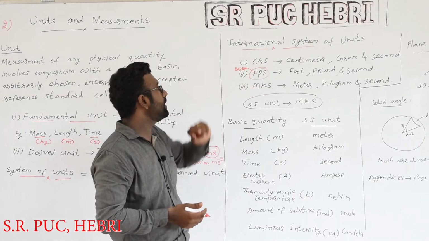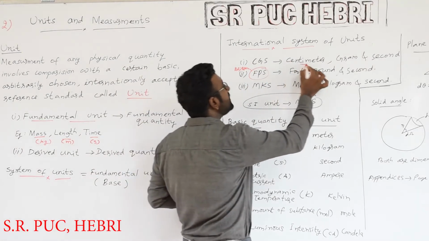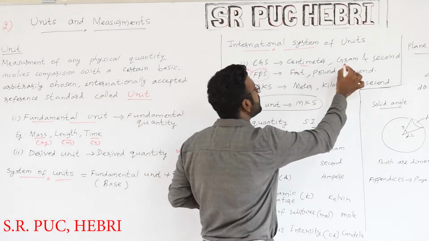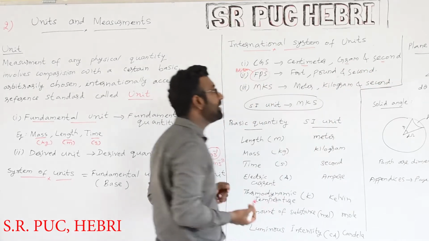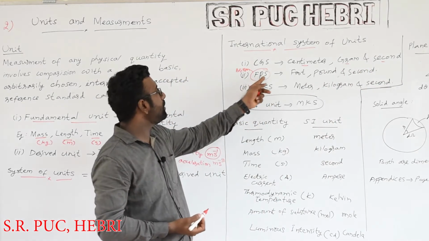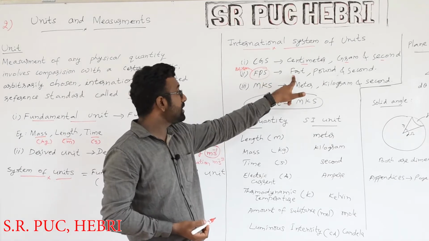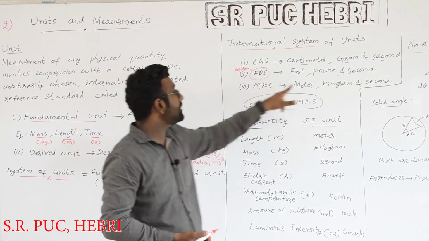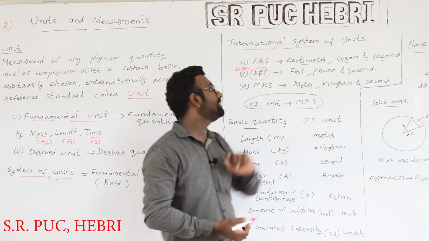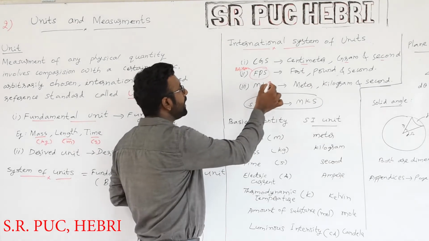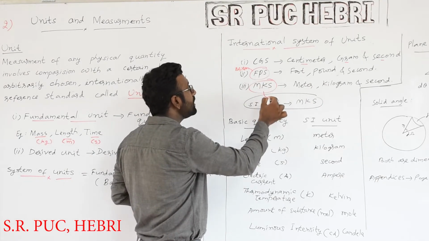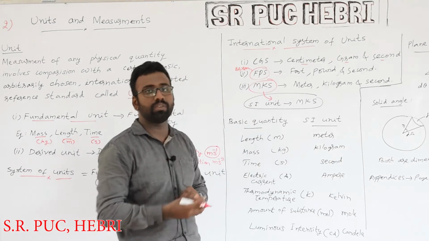The CGS system was the first one, in which C stands for centimeter, G stands for gram, and S stands for second. Similarly, in the FPS system, F stands for foot, P stands for pound, and S stands for second. But this one, the MKS system, is actually accepted internationally for the time being.